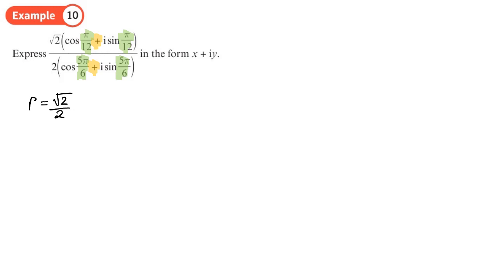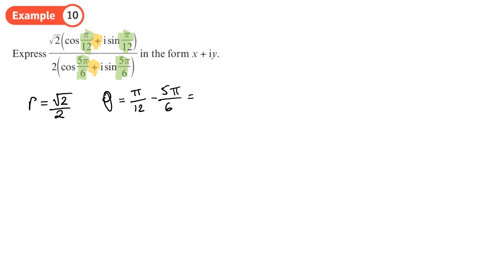Something like that. And the argument of this new complex number is going to be pi over 12 minus 5 pi over 6. So when I do these, I don't bother putting pi in. I just type in 1 over 12 and I subtract 5 over 6. And then I know there's going to be a pi there.